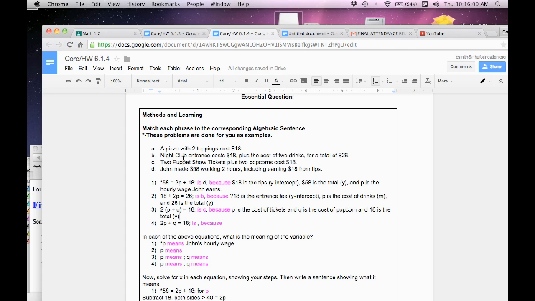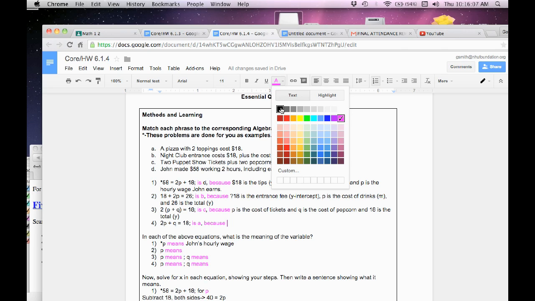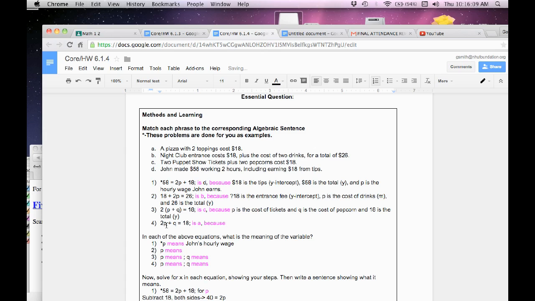That's going to be A, pizza with 2 toppings, because P is the cost per topping, and Q is the cost of a cheese pizza, which is B, our y-intercept.